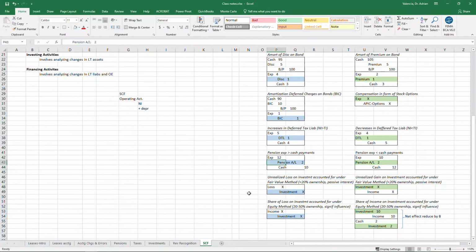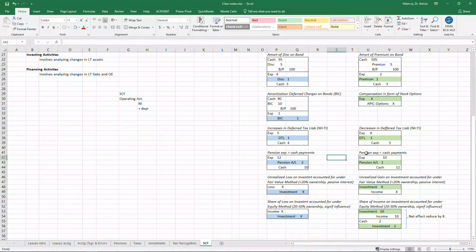So whenever the pension expense is greater than the cash payments, what are you going to do? You're going to add that difference to net income because the expense reflected in net income is 12 when your cash outflow was only 10. So at that point, you would add back those 2 to go from net income to cash income.